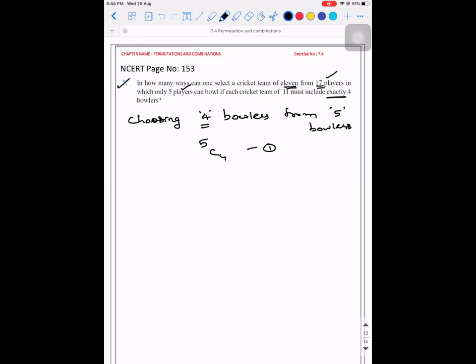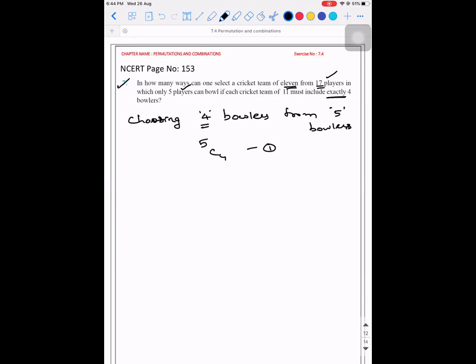7 players. Those 7 players should be picked from how many available players? Is it 13 or 12? 12. Why not 13? See, 17 minus 4 is 13 only.